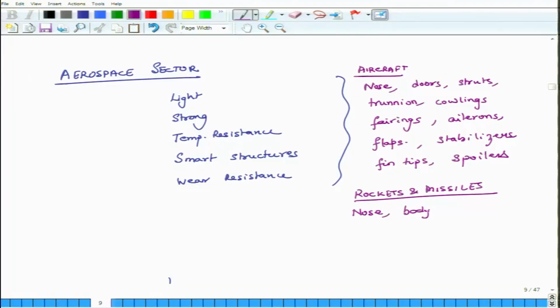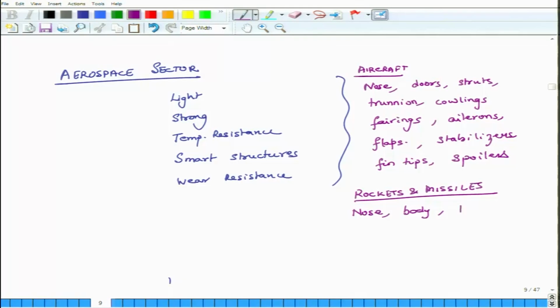So, there is not a lot of air, and that is where it picks up a lot of speed, and then it has to come and hit some other place on earth. So, it comes down, and when it enters the atmosphere it becomes really hot, because its velocity is very high and the nose has to be able to bear a lot of temperature. So, you make them from some specific composites, and that is used in the nose. Then you use them in the body of the rockets and missiles, because you want to make things lighter.